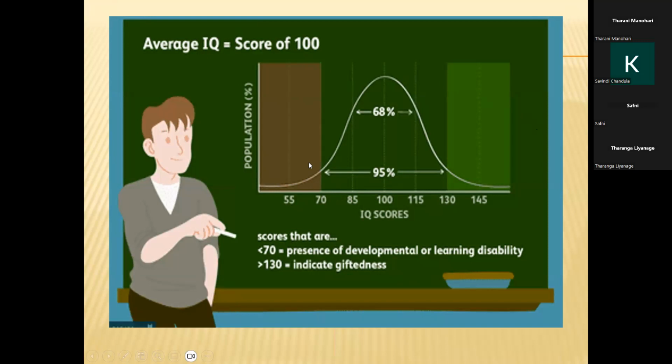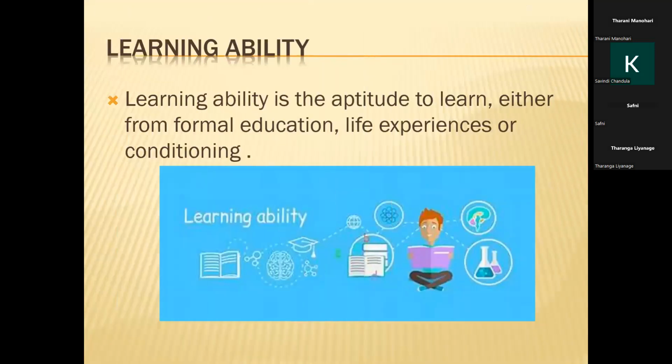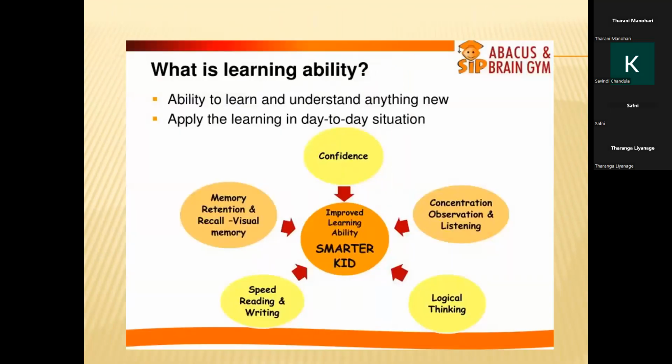They show some difficulties. And above 130 indicates giftedness. So there can be 1 or 2 students like this in your class. They are gifted. Because of that, they are giving trouble to the others. So the learning ability part, that's not necessary for us.